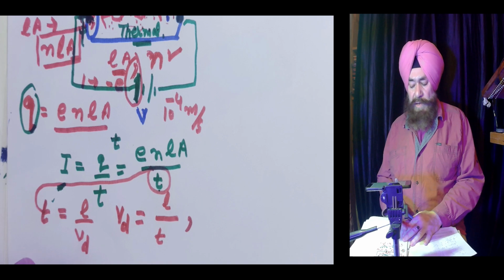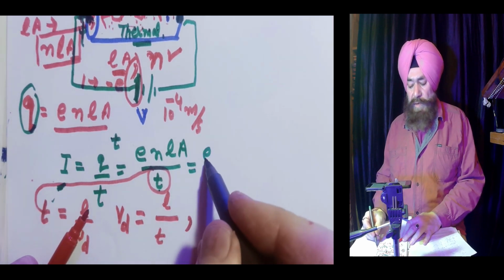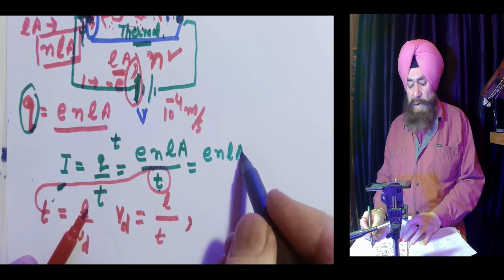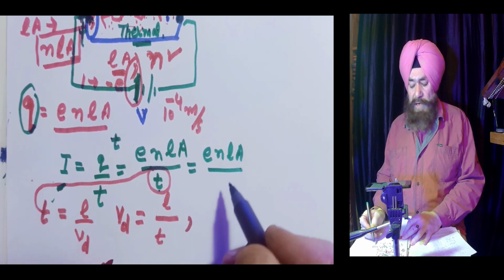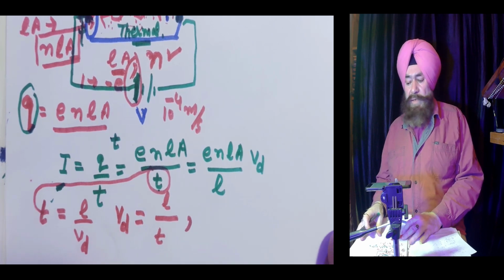Now substituting this t here, the current becomes e N L A divided by L upon Vd.